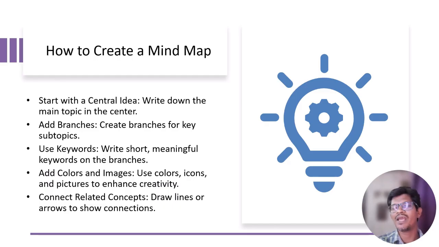Then we can add some colors and images, like icons and pictures, to project the branches beautifully and enhance the creativity. If we are able to create this mind map, we can remember the topic very well. So this is what my topic is all about, how to create a mind map.